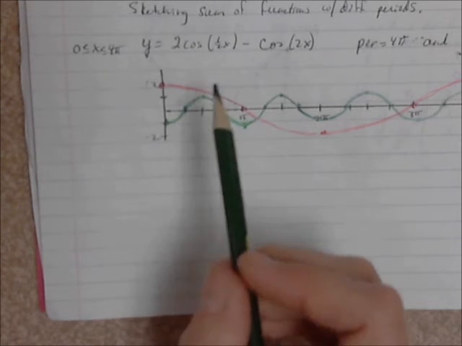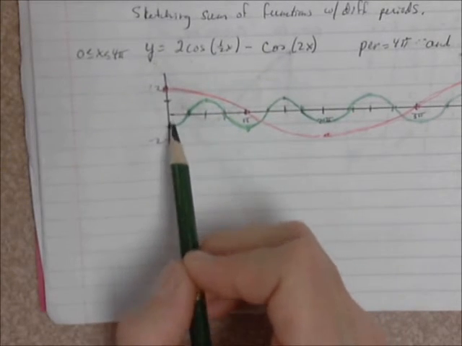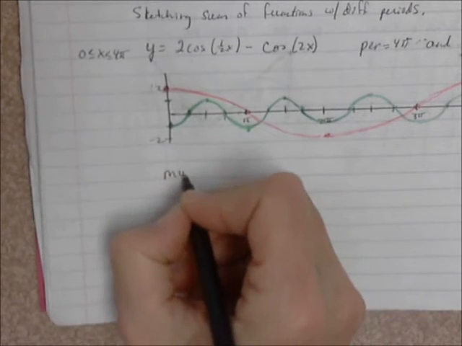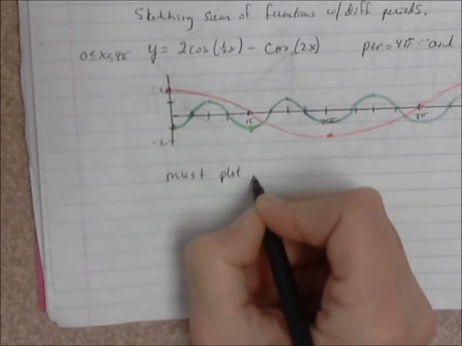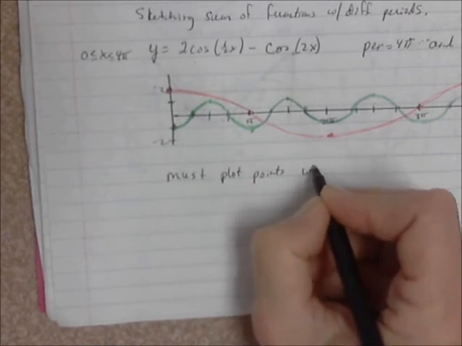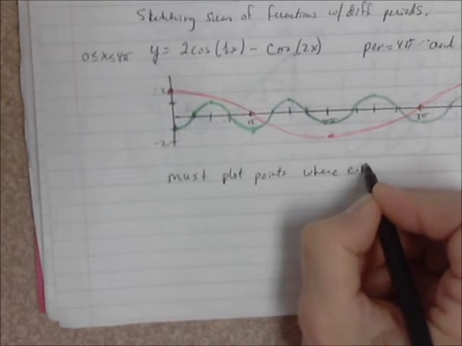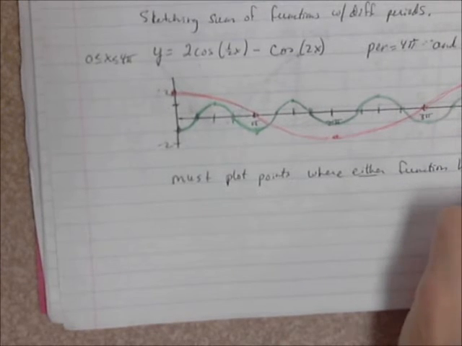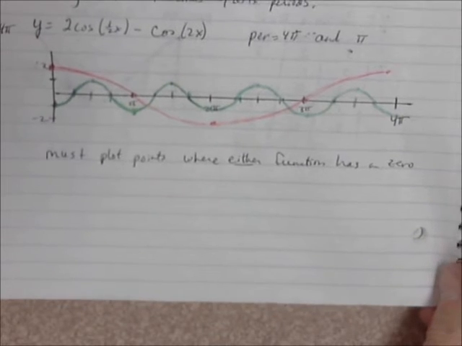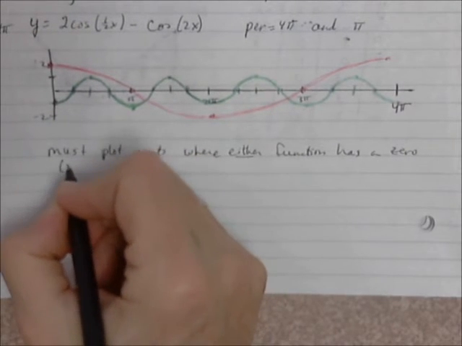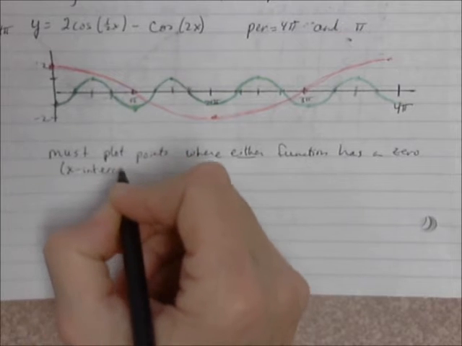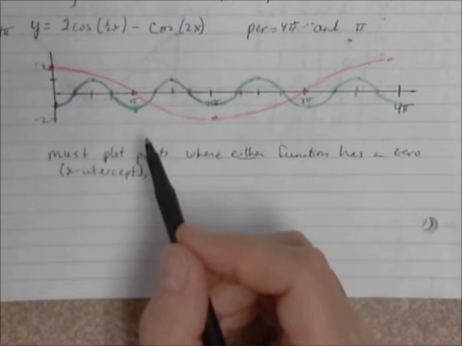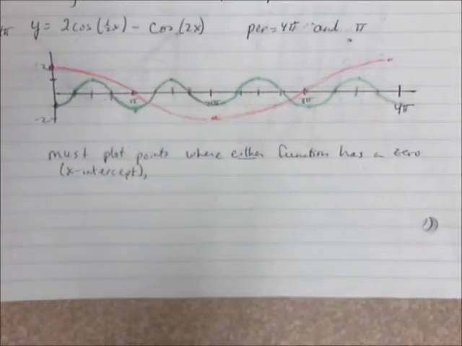But what I want you to do is for the sum of those two functions, for the green and red combined, you must plot points where either function has a 0, and a 0 is an x-intercept, as you know, or where we can specifically calculate an exact value or an approximate value.